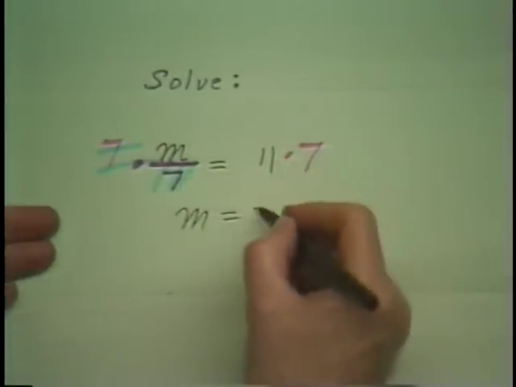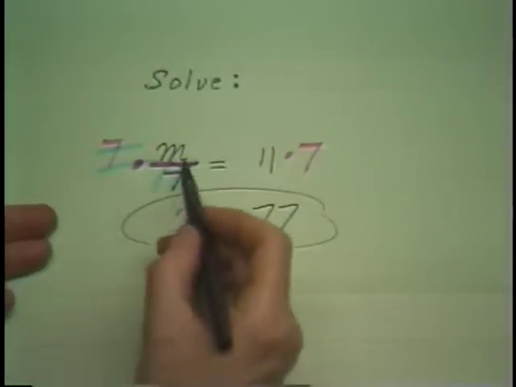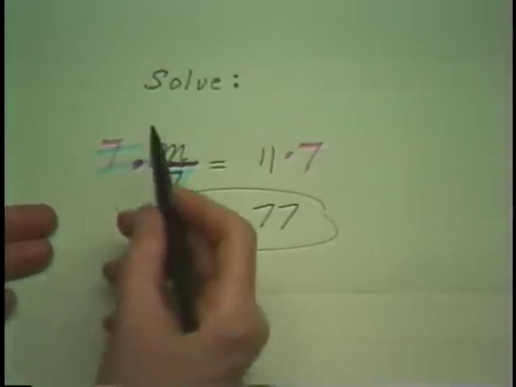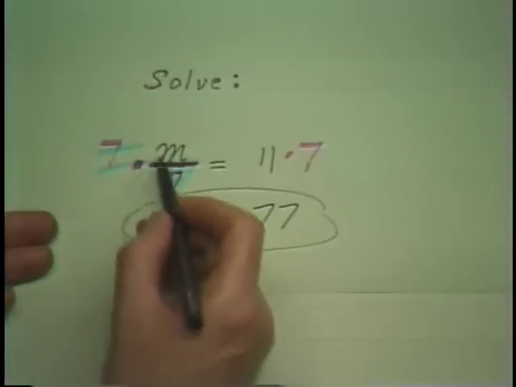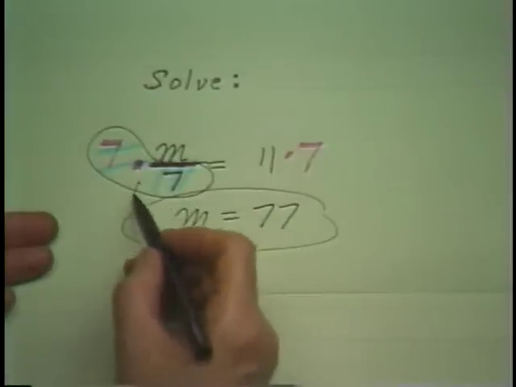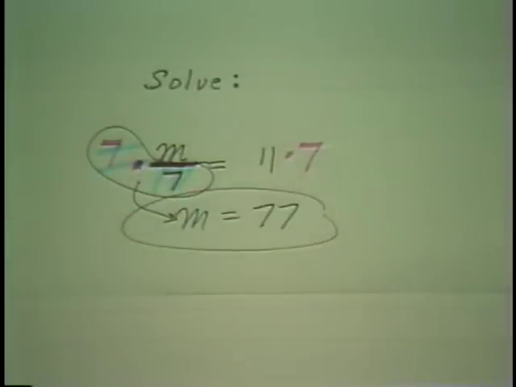And of course the other side is 77. So to undo dividing a variable by a constant, you multiply by a constant, and that isolates the variable. So it is with decimals, just messier arithmetic, that's all.